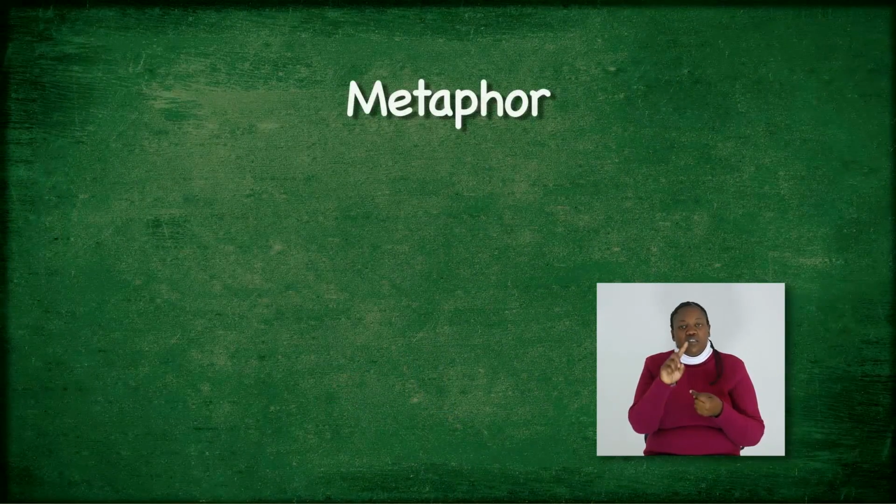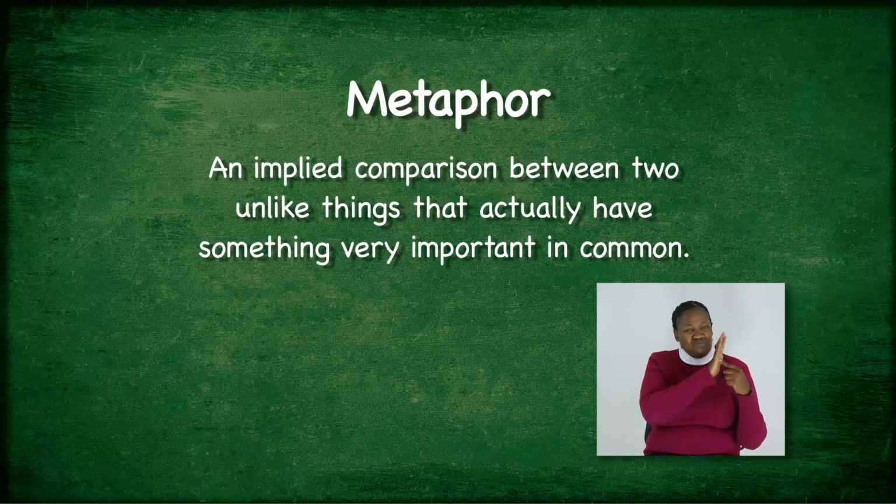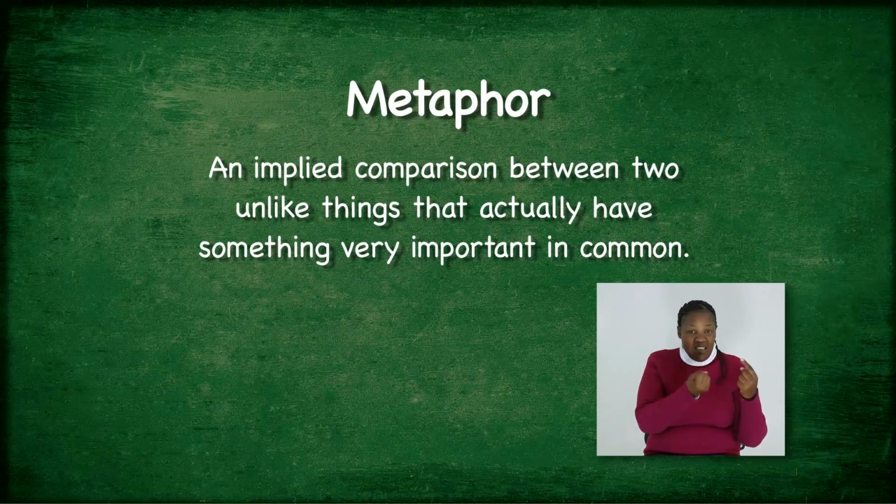You know, of course, that the next figure of speech is the metaphor. Ma'am, a metaphor is about two unlike things, right? No, child. A metaphor gives an implied comparison between two unlike things that actually have something important in common. An example, Elizabeth?